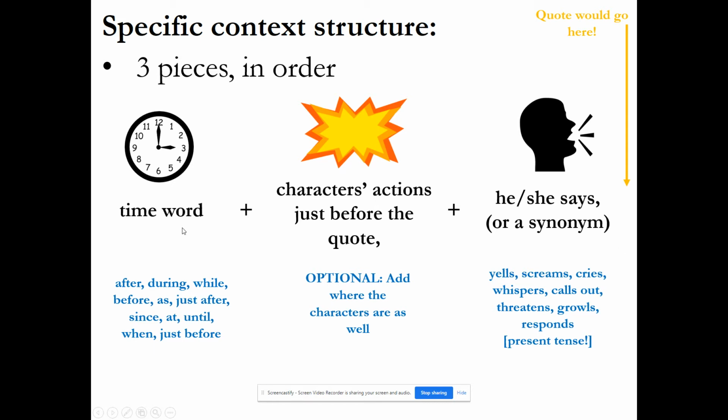Sometimes the time word and the character's actions and location end up being a complete sentence, and then there's a period, and then there's a new sentence that says he says, comma, and then the entire quote. Or sometimes they all fit together in one complete sentence, all three pieces of context and the quote together. So either approach is totally fine.